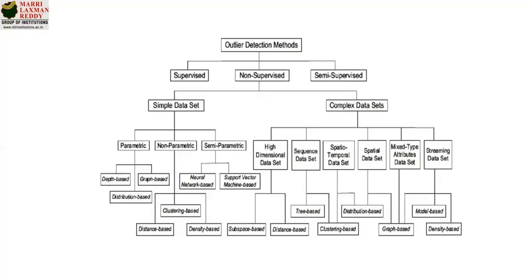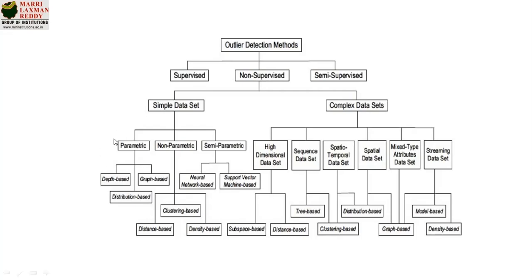Next, sequential data, where we use tree based clustering approaches. And spatio-temporal data for spatial data sets, and mixed type attributes, and live streaming data sets. These all belong to complex data sets, and for these complex data sets we have different outlier detection methods.